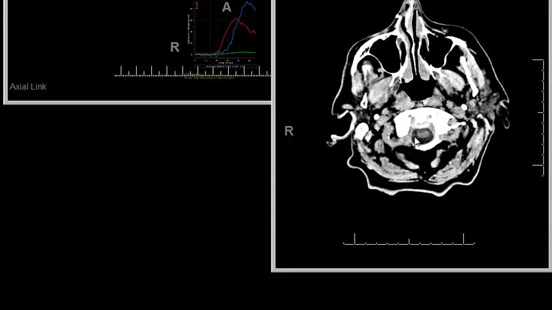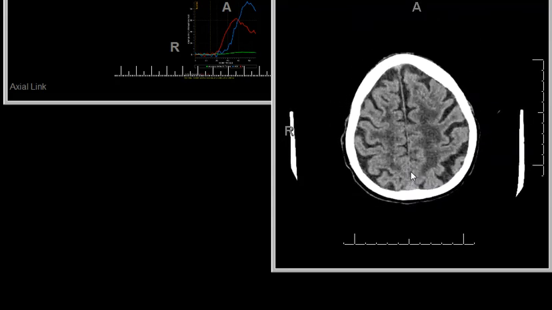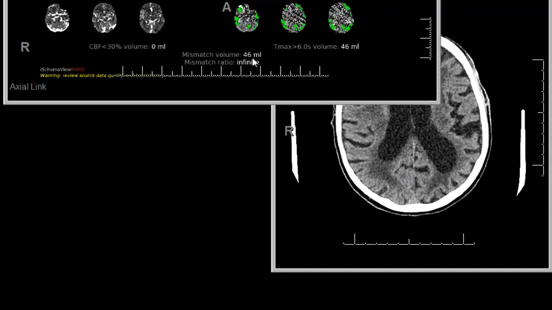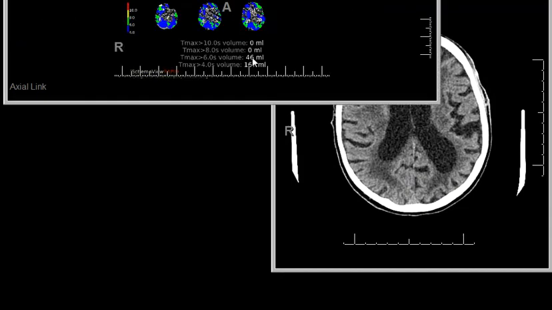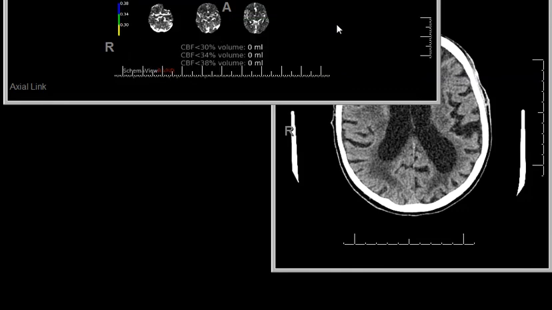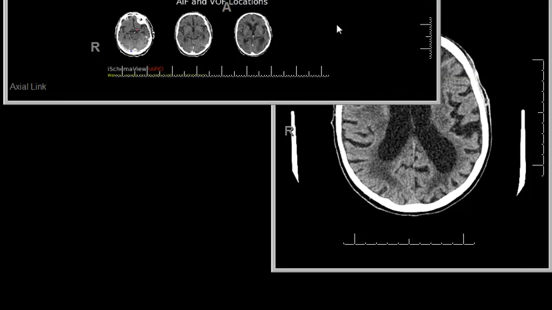This is another case, a pretty atrophic brain with a history of extremity weakness. This one has some motion, so the study is kind of non-diagnostic, after consulting with the dedicated 24/7 neuroradiologist by the on-call radiologist.